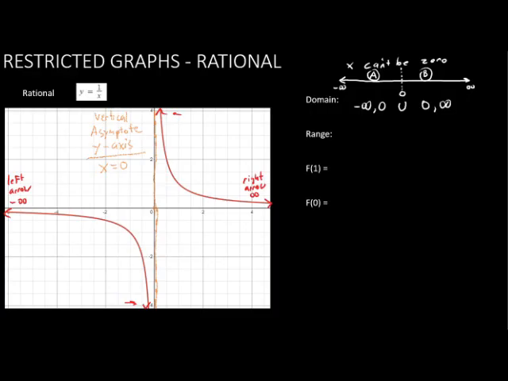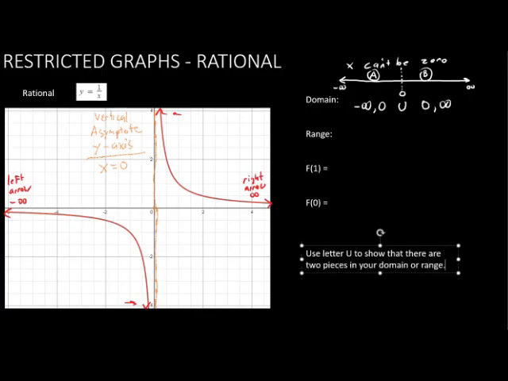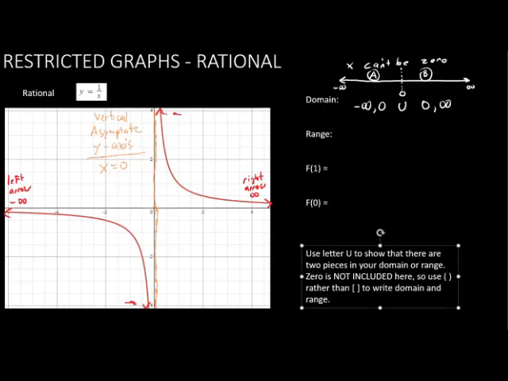Union means that you have two pieces in your domain or range. Also, if your domain or range contains an asymptote, we will use parentheses and not square brackets to show that the function will not include those values. For that reason, we'll say parentheses around negative infinity to 0 for piece A, and another parentheses around 0 to infinity for piece B. And this will be our domain.